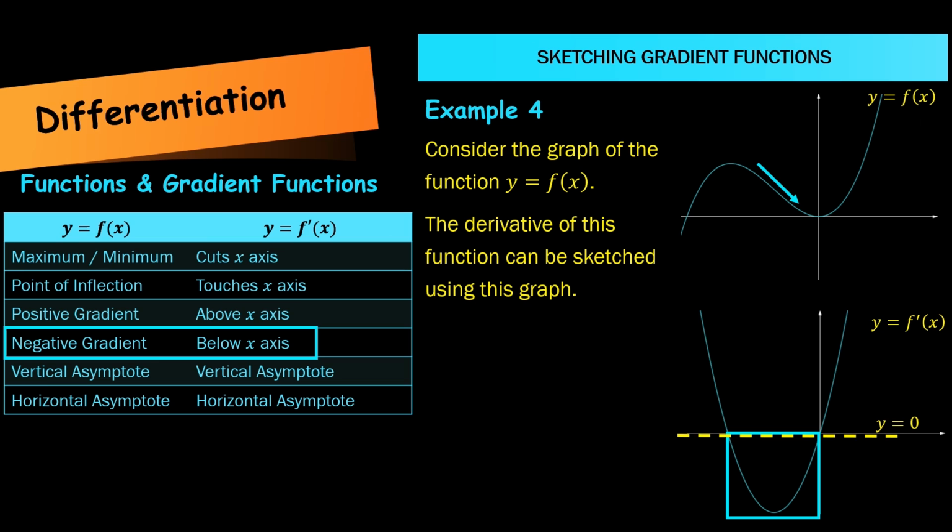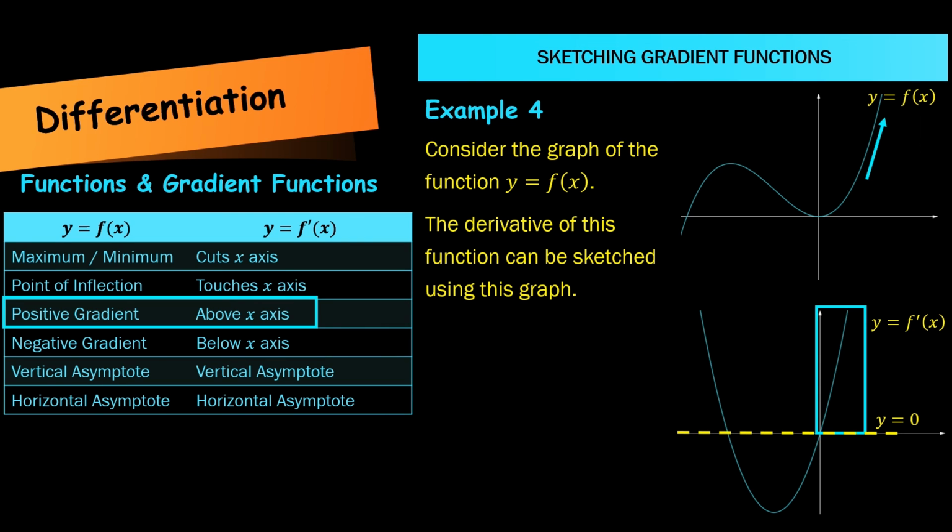We have a negative gradient here in y equals f of x, and therefore where we have this negative gradient, the graph of f dash of x is below the x-axis. And here we have a positive gradient, and therefore the graph for y equals f dash of x is above the x-axis.